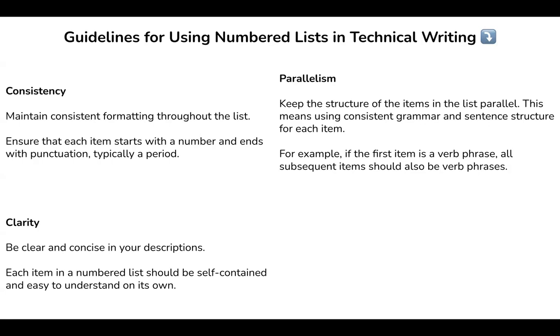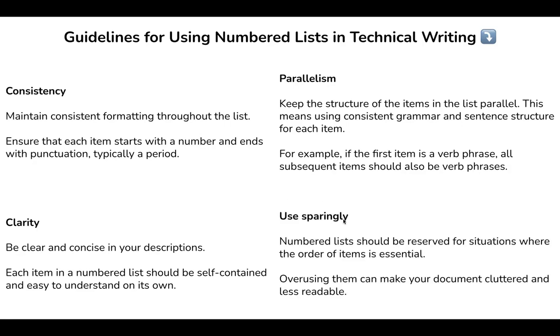So again, once you write like do this particular thing, that list item should be understandable on its own. You should be able to know that okay, this is what I'm to do without moving further down the list. Right? Because remember, it's usually a set of instructions, right? So each item in the numbered list should be self-contained and easy to understand on its own.